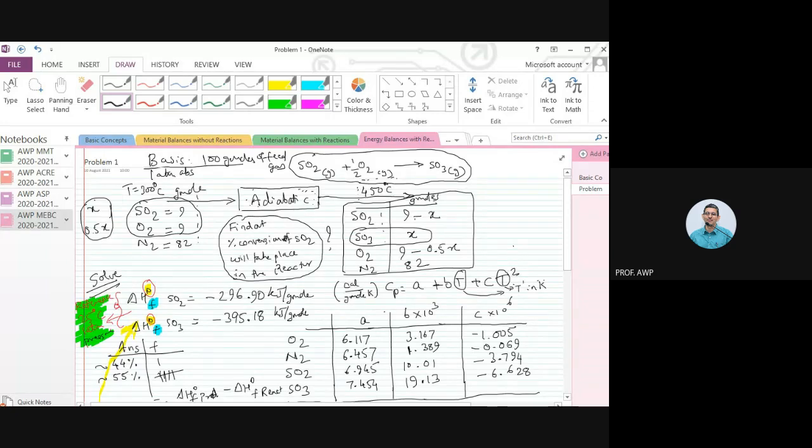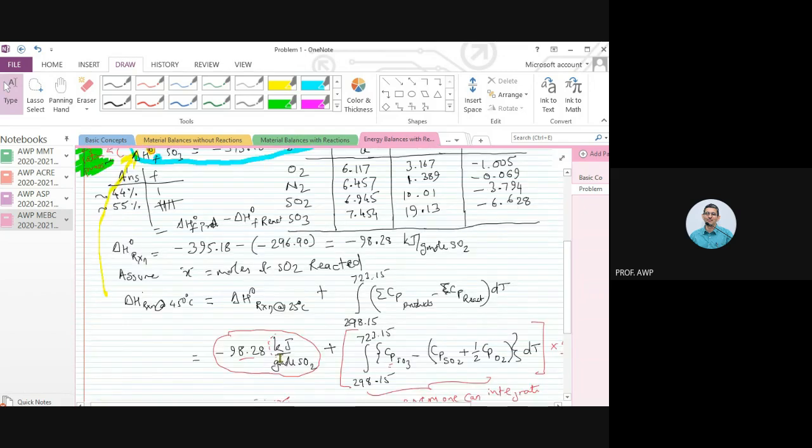And in their place, X molecules of SO3 have appeared. And therefore, we need to find out the change in enthalpies for X of SO2, 0.5 X of oxygen disappearing, and X of SO3 appearing. That change is what is calculated here.